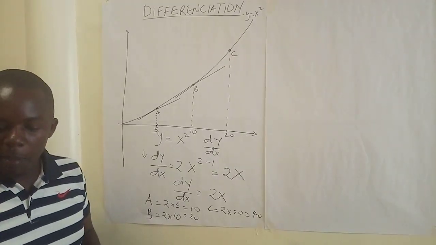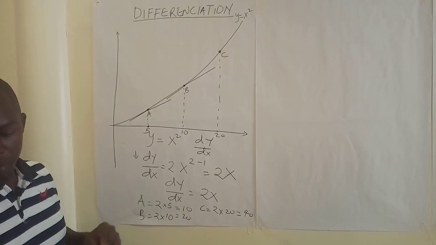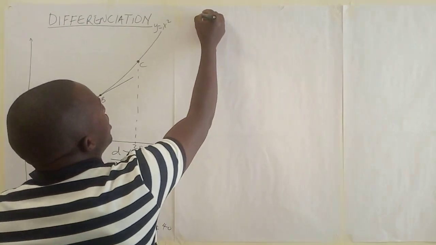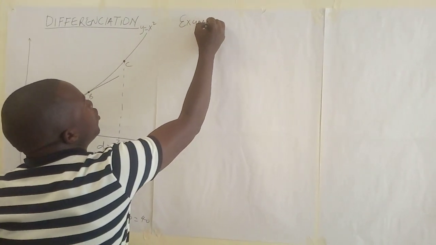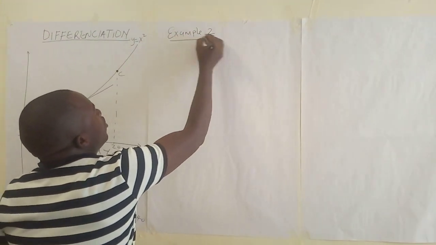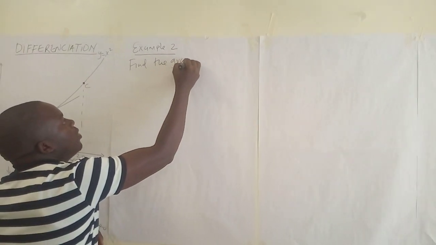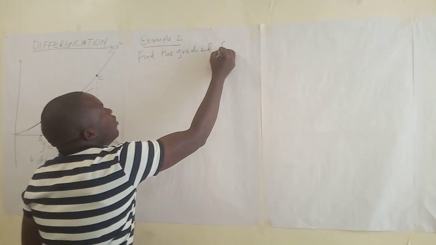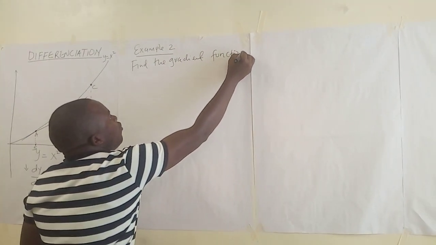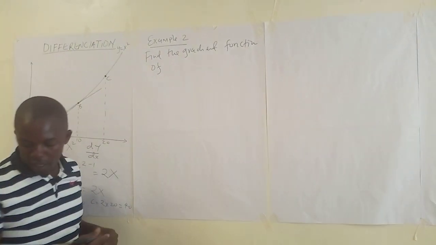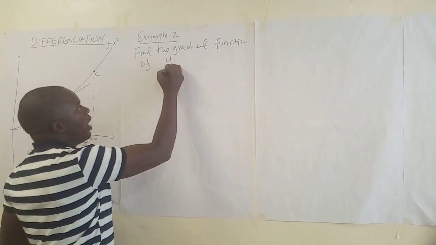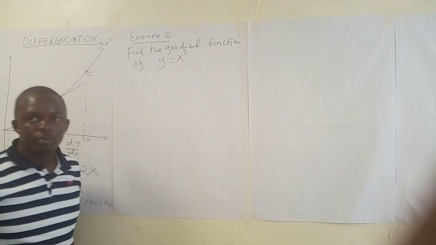So a good example is, I'm going to have another example too. Find the gradient function of y is equal to x cubed.